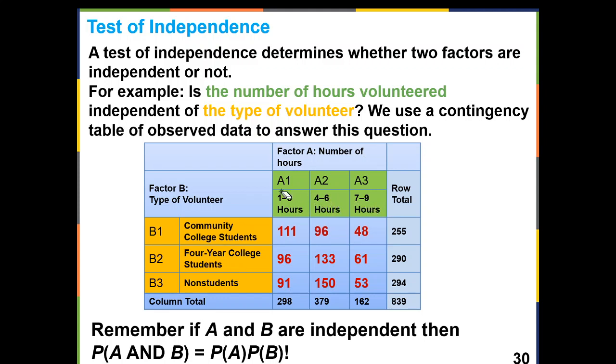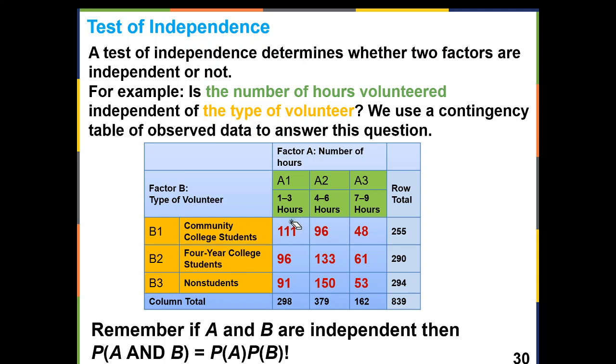So this variable has three levels, and this has three levels. Now the question is, are these independent? That means, is the number of hours that somebody volunteered independent of where they come from, or are they somehow dependent? Now, to do this, we have observed values and we have expected values.